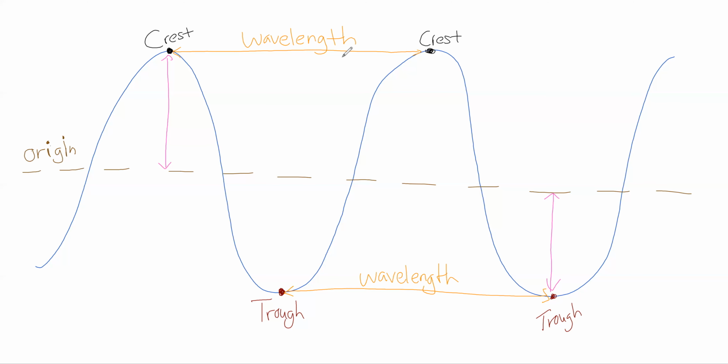So it's telling you the height of the wave, and the word we use for that sounds like altitude, which is height, but this one is amplitude. So the amplitude is from the origin to the crest or the origin to the trough.